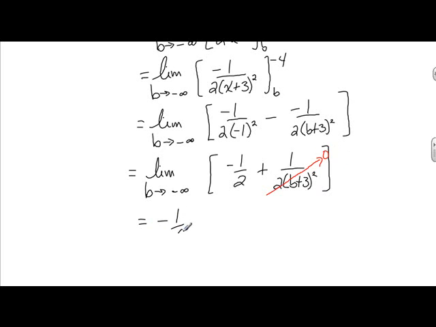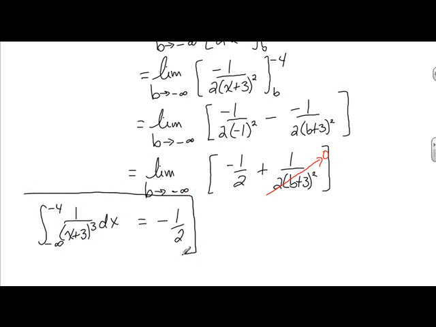So we can say that the definite integral from negative infinity to negative 4 of the function 1 over the quantity x plus 3 cubed dx is equal to negative 1/2. So this limit converges.